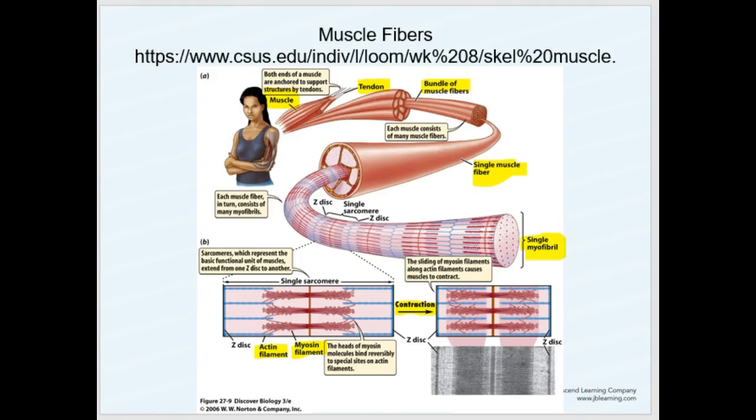Now, the basics of muscle fibers, and once again, I'm not going to get a ton into this because we've got to get into the pathologies. With the muscle fibers, if we look at the whole muscle, that muscle attaches to a tendon, and the tendon attaches to a bone, just as a sidebar.